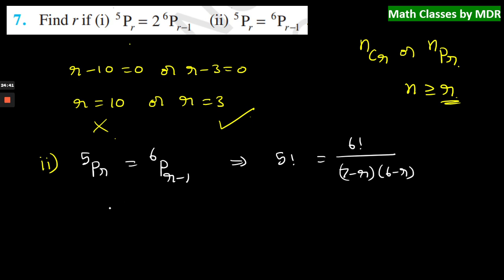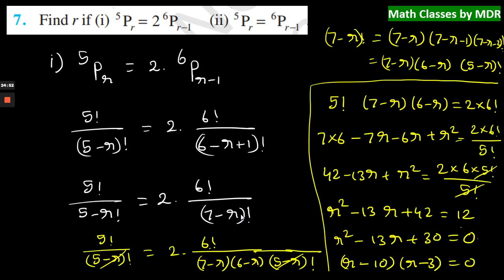Or we can take this to the left hand side. So (7 minus r) into (6 minus r) is equal to 6 factorial by 5 factorial. I have taken directly from here, only except the 2. You can write the remaining thing as it is, right? That means you can write up to here also.